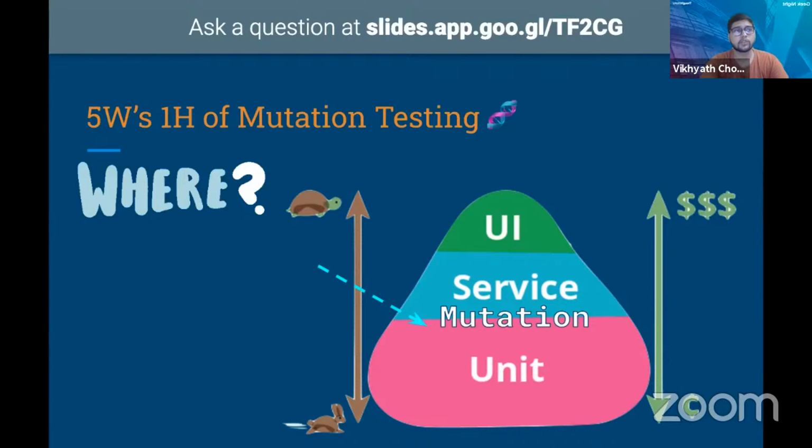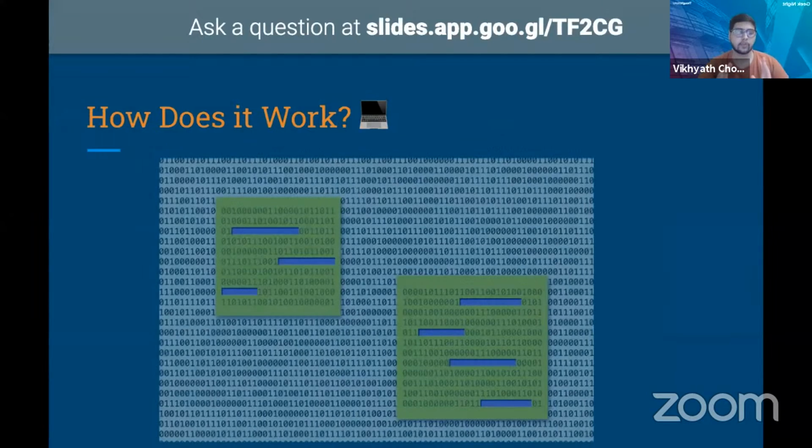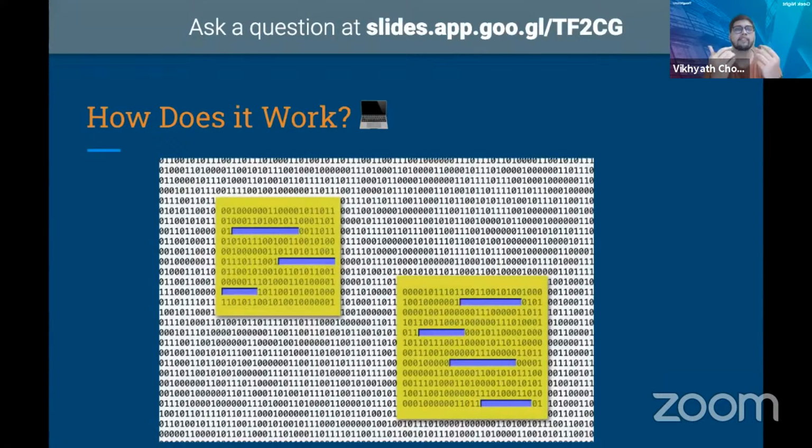Now that we have looked into the five Ws, we look at the H, the how part. It's basically simple, right? We know Java. In Java, after we have compiled the code, it generates bytecode, right? What the tool does is take the bytecode, try to modify the content in that bytecode, and then run all your tests against that.